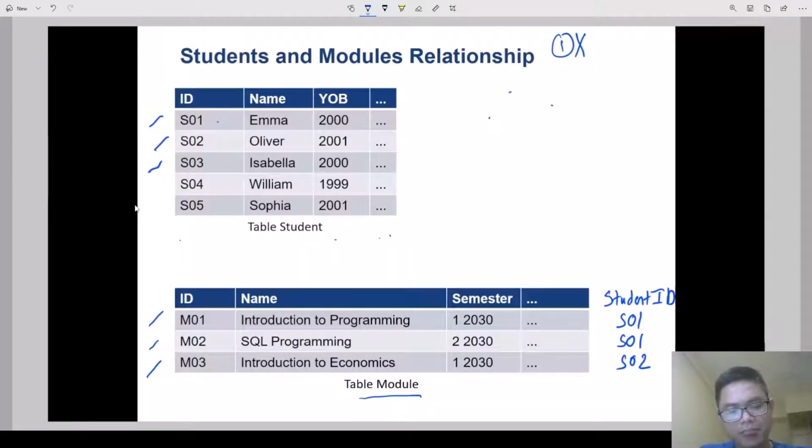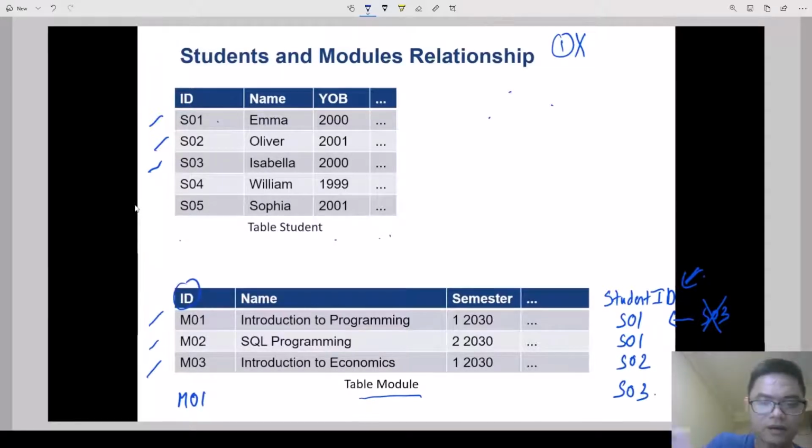Now Isabel studies introduction to programming. Also, now we have a problem with Isabel. Can we put Isabel's ID in here? Same as the previous one, we cannot, because this one is a foreign key. We cannot put M01 in here with S03 in here, because this one is the ID, and this has to be unique.